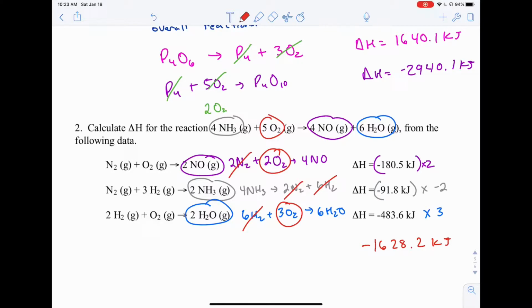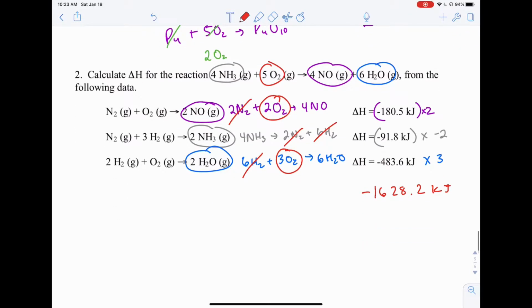Yes, correct. Okay? And that brings us up to another conceptual thing they like to ask. So looking at this reaction here, we figured out that it's negative 1,628.2 kilojoules.